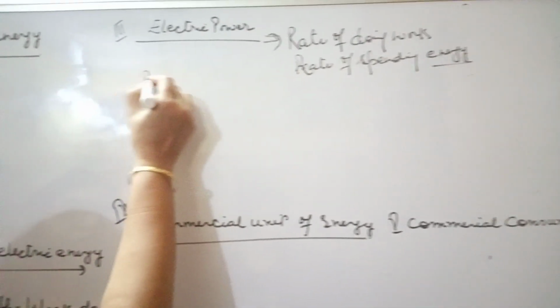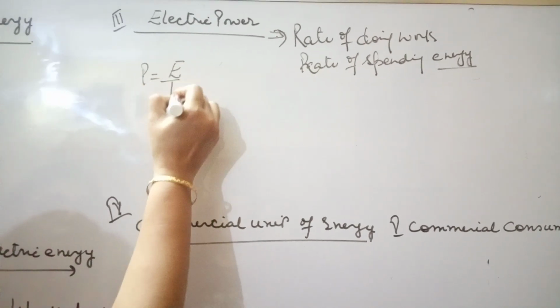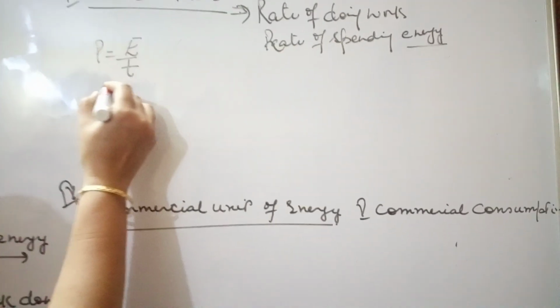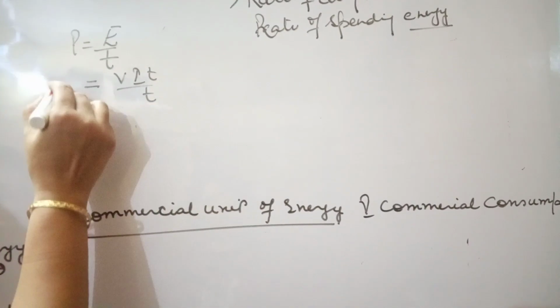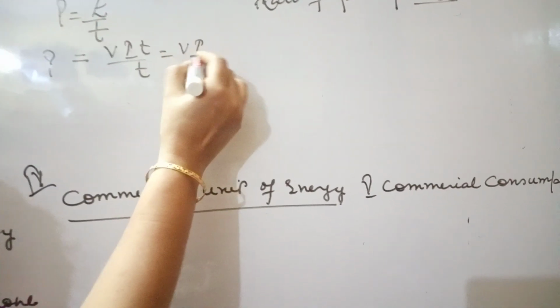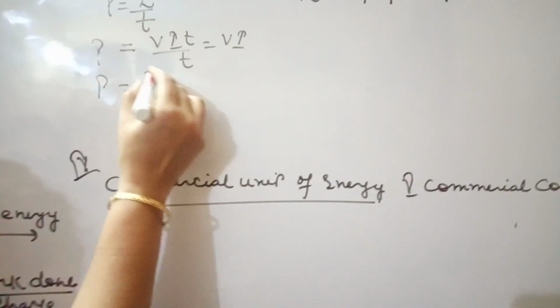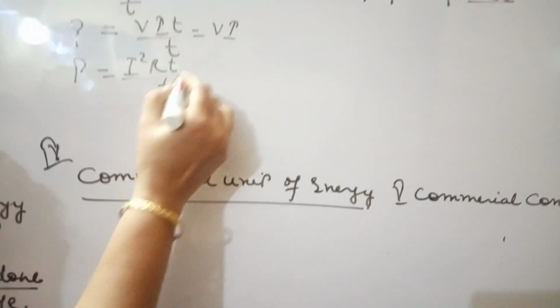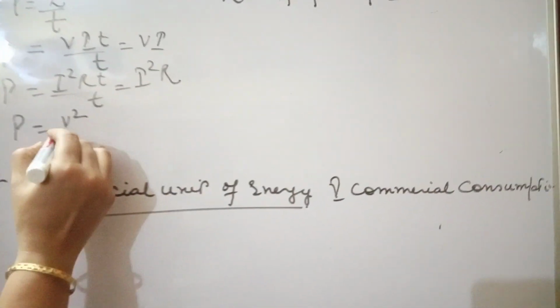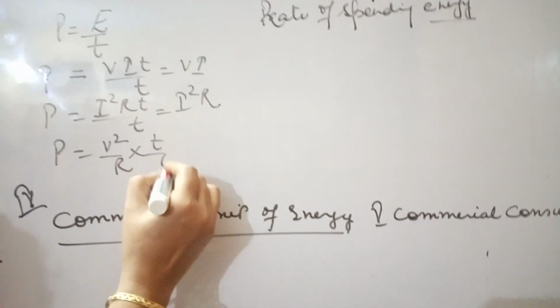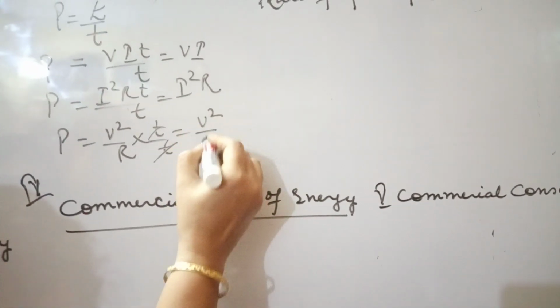On the basis of this, I simply write energy upon time. We know the formulas for energy. First is VIT, so what is the power formula? VI. Second formula, I square RT divided by time gives I square R. P is equal to V square upon R into T divided by time. Net answer: V square upon R.